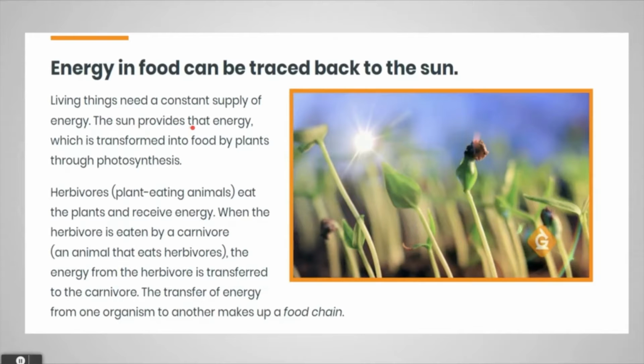The sun provides that energy, which is transferred into food by plants through photosynthesis. Plants have a special power: they are able to receive light from the sun and use it to turn that sun into sugars, which gives them energy to grow.